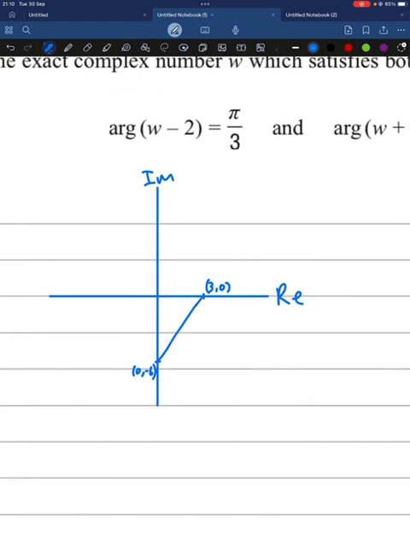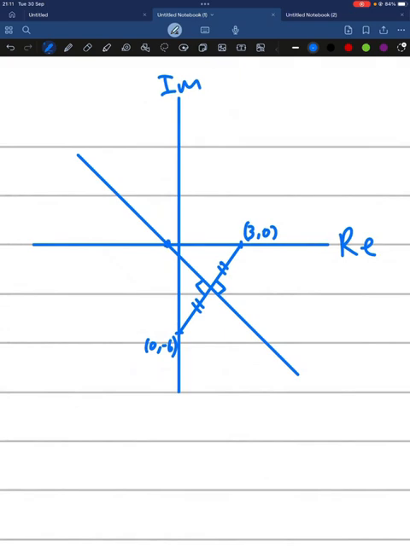Now if we join these 2 points, then we get the perpendicular bisector. Let's just make it bisect it, go through the middle, something like this. Draw that to show that it's bisecting perpendicularly. So we'll have to find this point of intersection and this point of intersection.